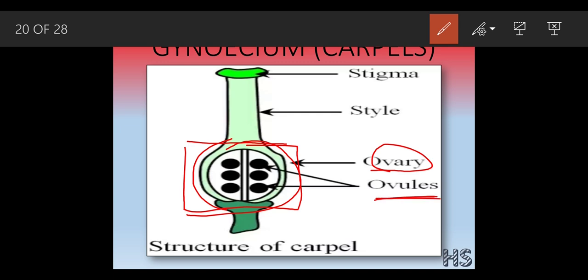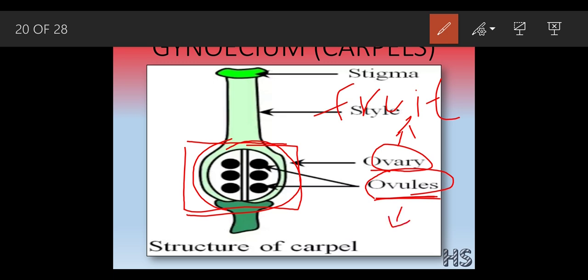What is the function of ovules and what is the function of the ovary? Whenever an ovary matures, it gets converted into fruit. Whenever we eat any fruit, we see that there are some seeds inside that fruit. So how did these seeds come?